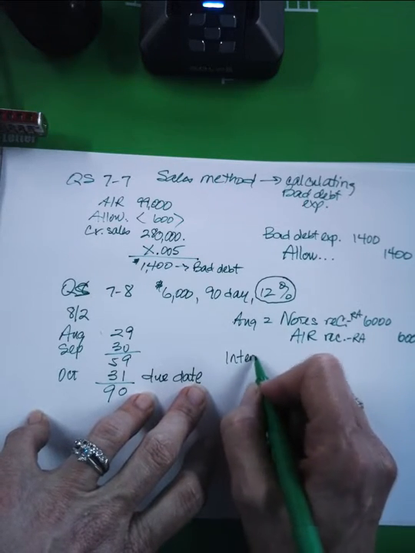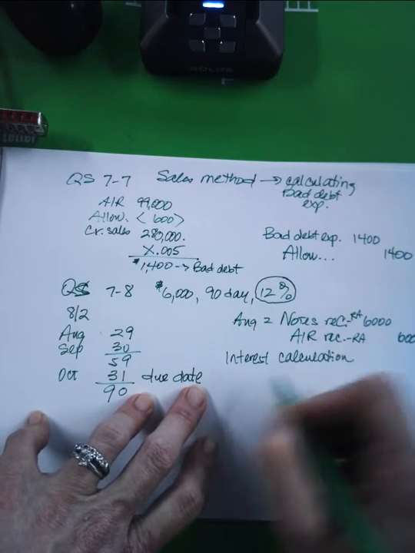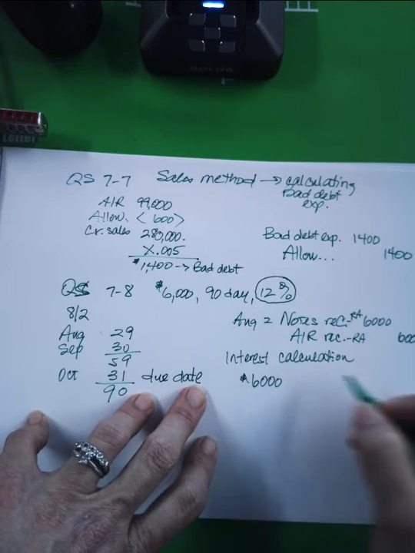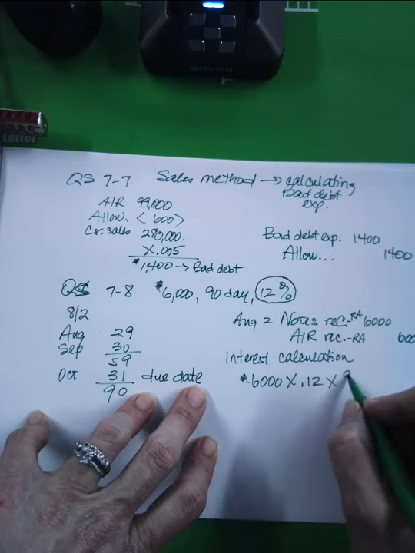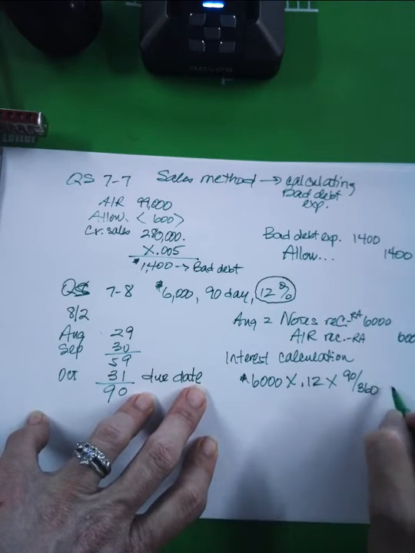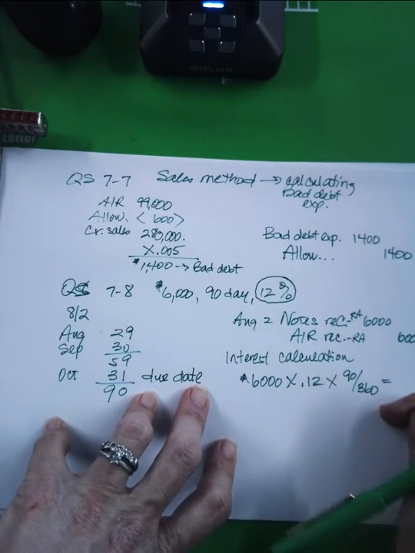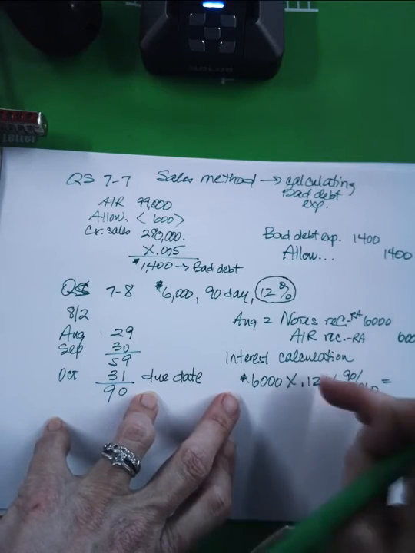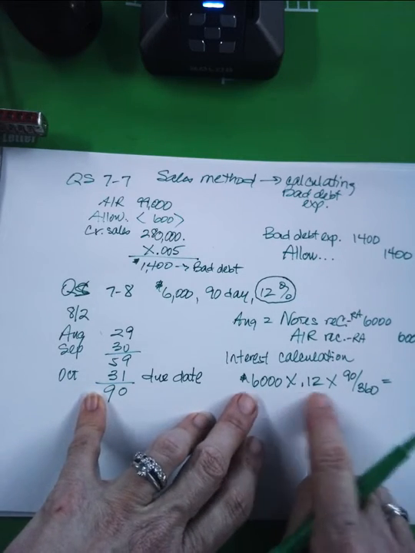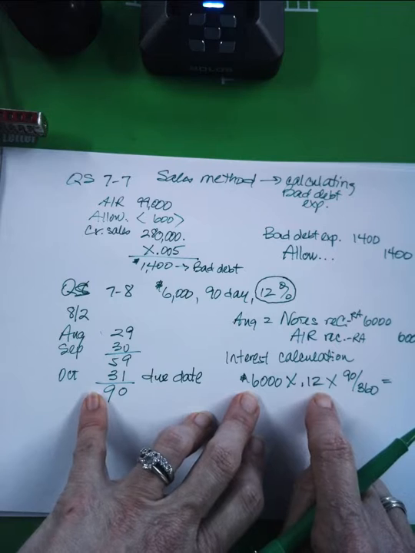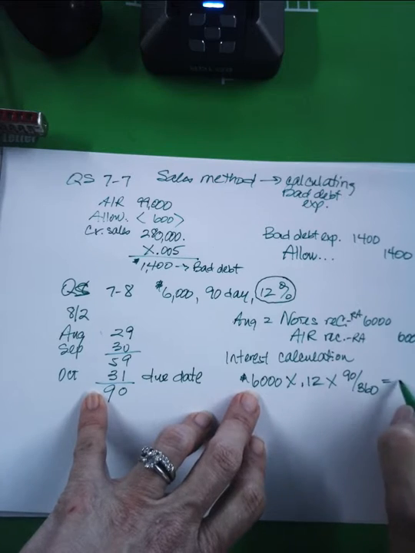Our interest calculation is $6,000 times 12% times 90 days over 360. That'll give you a quarter of a year's interest at 12%. Well, 12% on a whole year would be $720, and 90 over 360 is a quarter of that, so it works out to be $180.